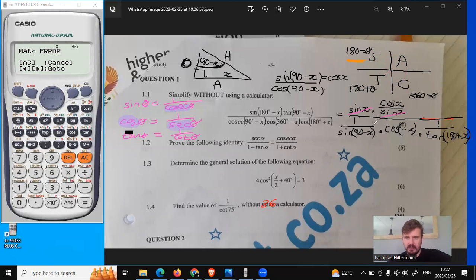Okay, so you've already simplified the top by making that cos x. We know that sine over cos, we now know the relationship between sine and cos is the 90 minus x angle. So this is 1 over cos x.